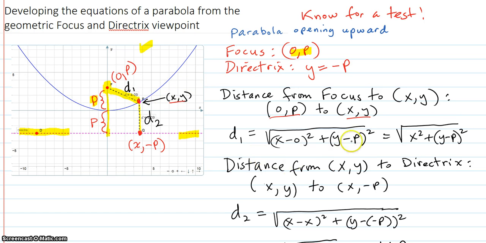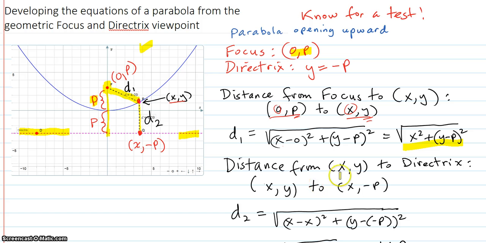So D1 is this distance formula: delta x, x minus 0, squared, plus y minus p, squared, square root. That's what D1 is. And you simplify that down and you get this part.